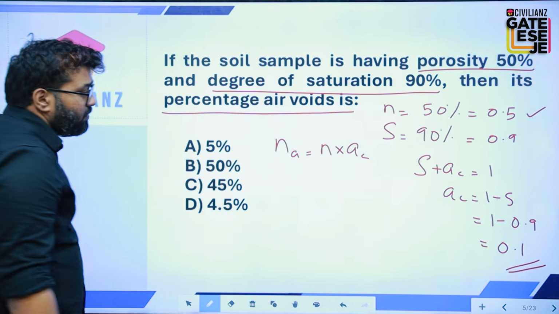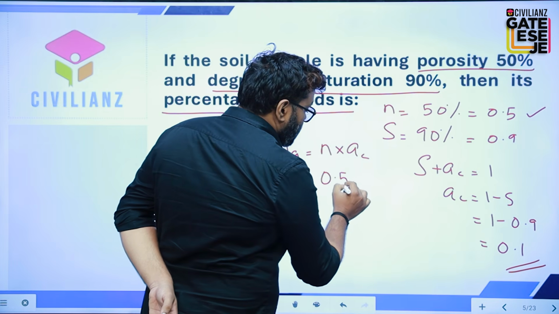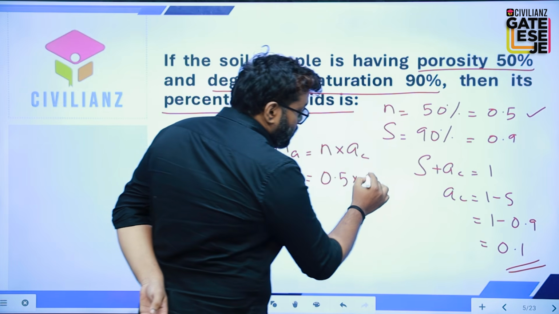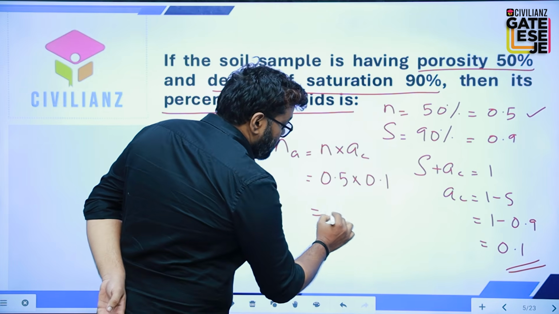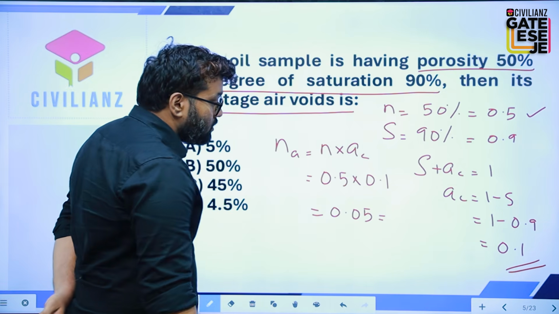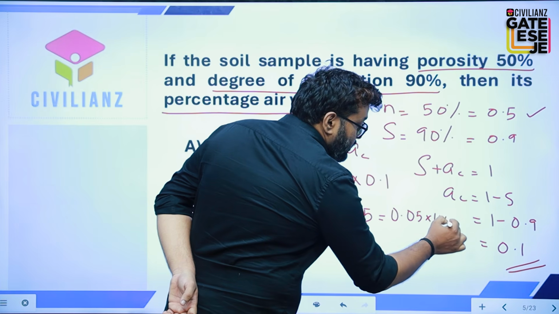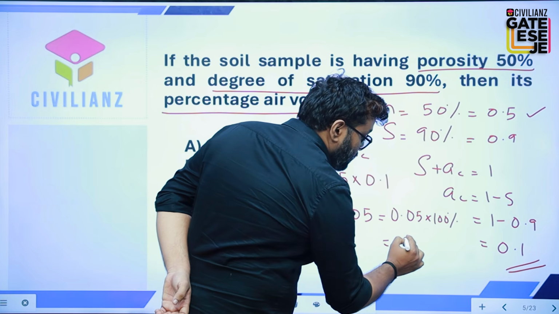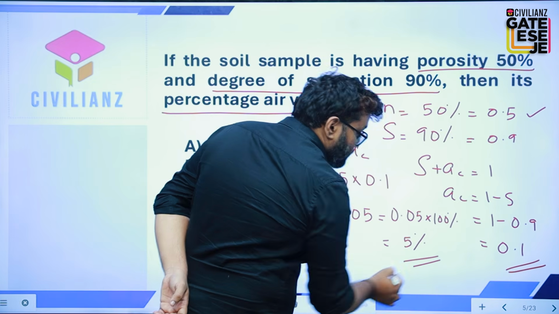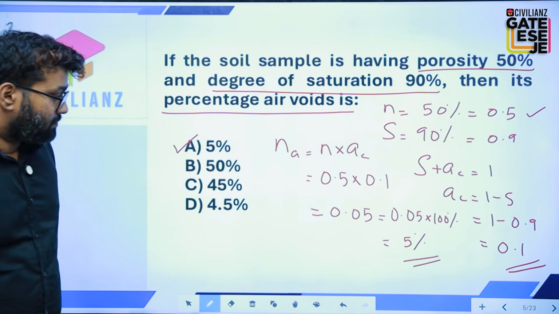So substituting this value, we get na is equal to 0.5 into 0.1, which is 0.05. Into 100%, that is equal to 5%. So the correct answer is option A.